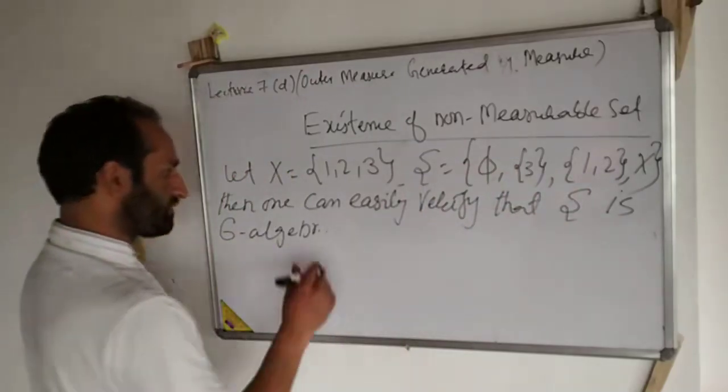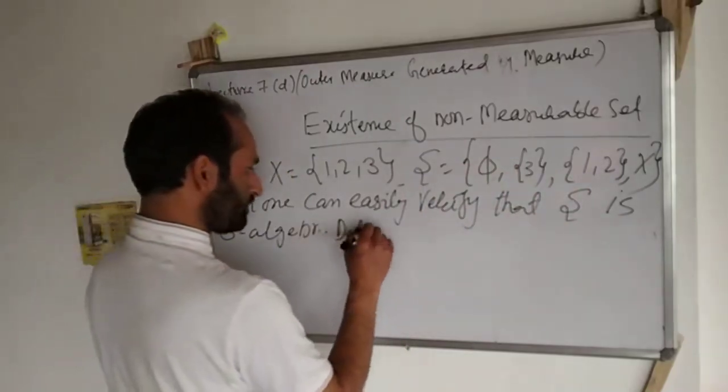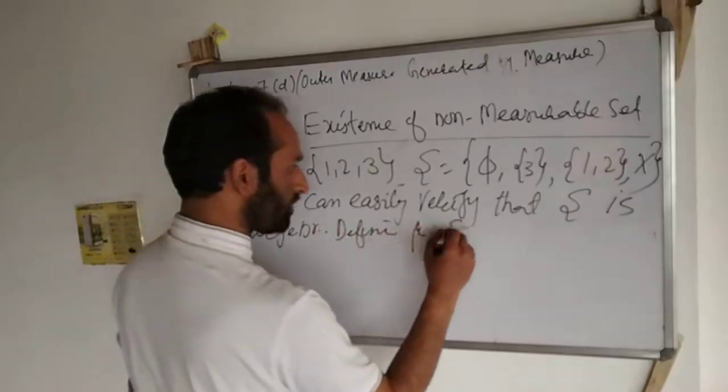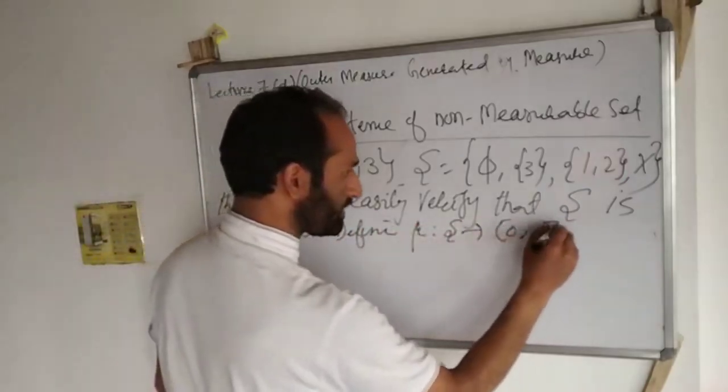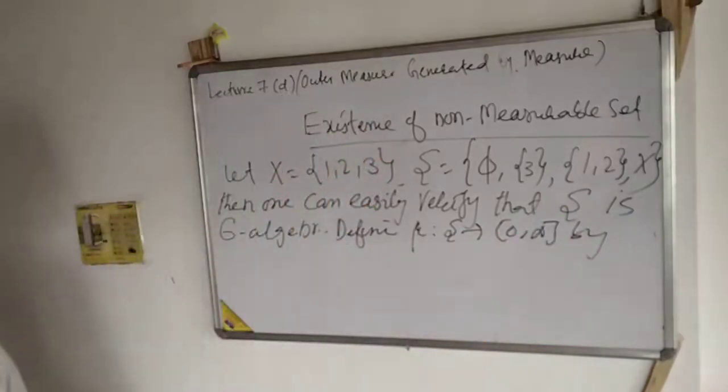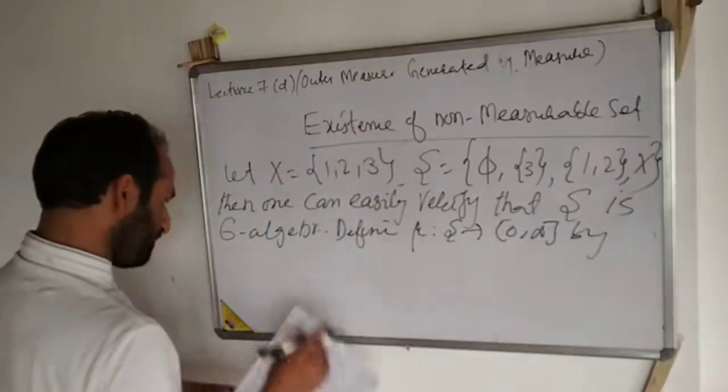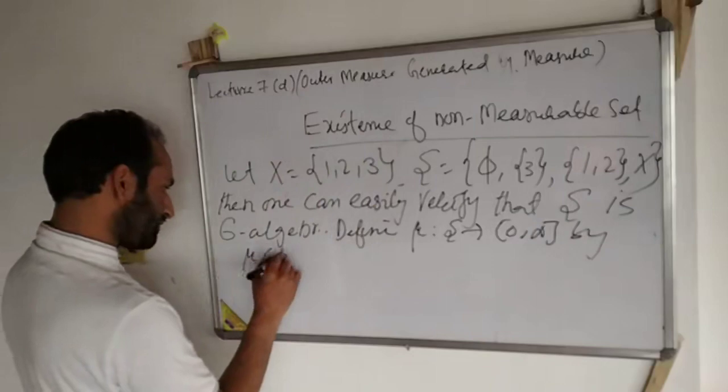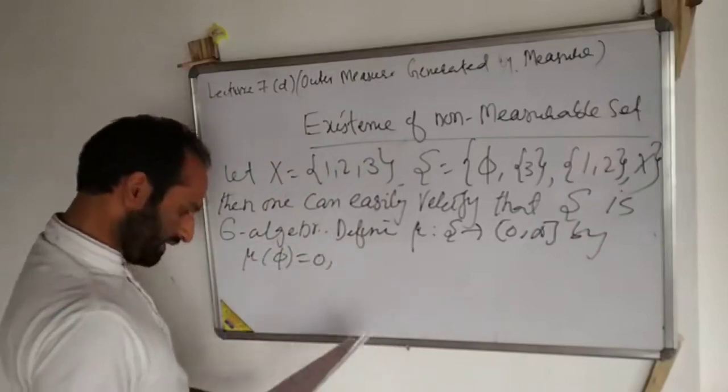Now let's define a set function. Define mu from S to [0, infinity) by mu of phi equal to 0. That property should be there.